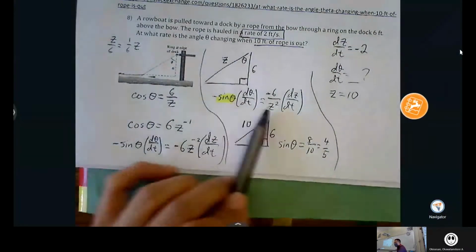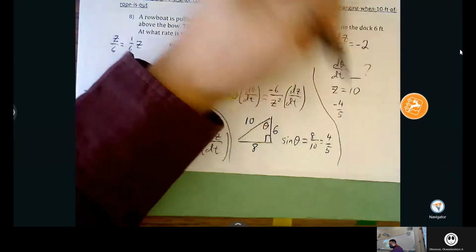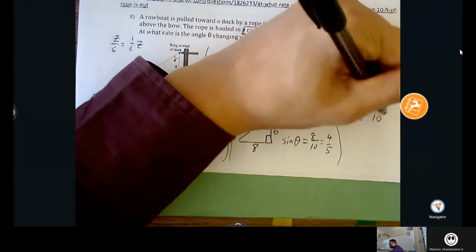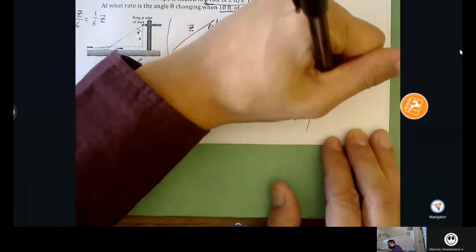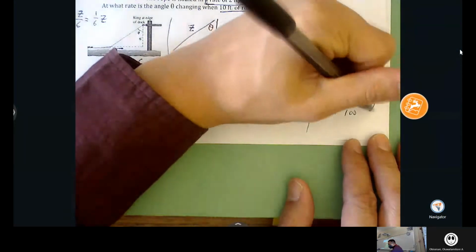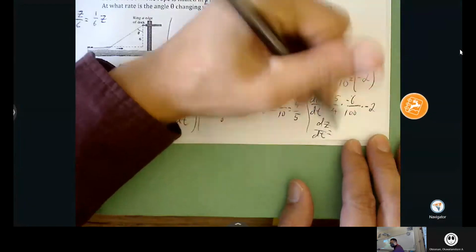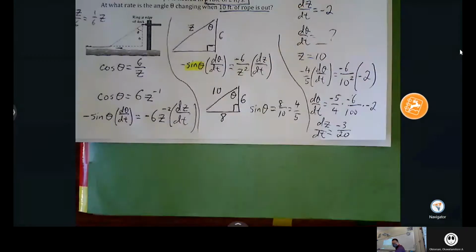Because everything that has a variable is now being replaced with a number, and then we can now solve for d theta dt. -3 over 20 radians per second.